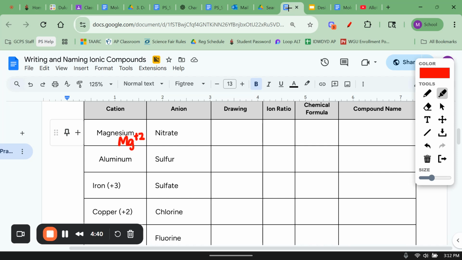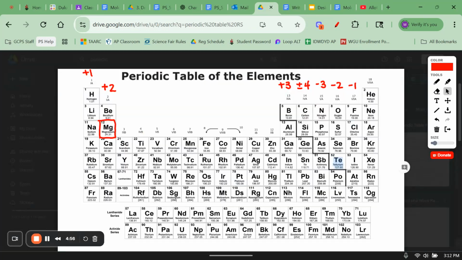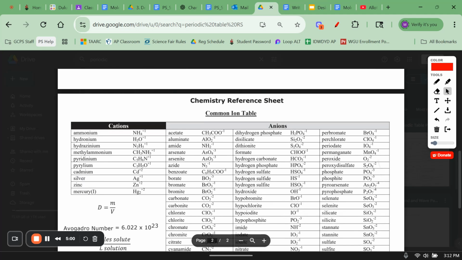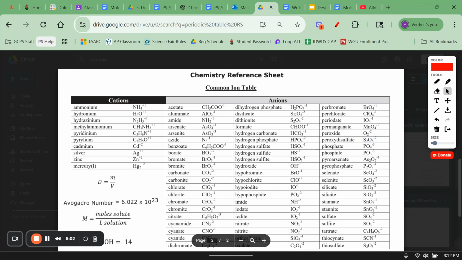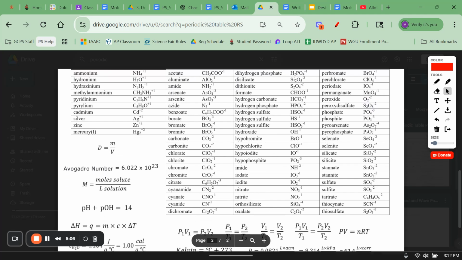The anion is nitrate. Nitrate is a compound that we want to memorize as a polyatomic ion. Anything that ends in ATE, ITE, or is called hydroxide is a polyatomic ion. When we go to our periodic table, polyatomic ions are going to be located on the back. So if anything ends in ATE or ITE, it will probably be on the back.